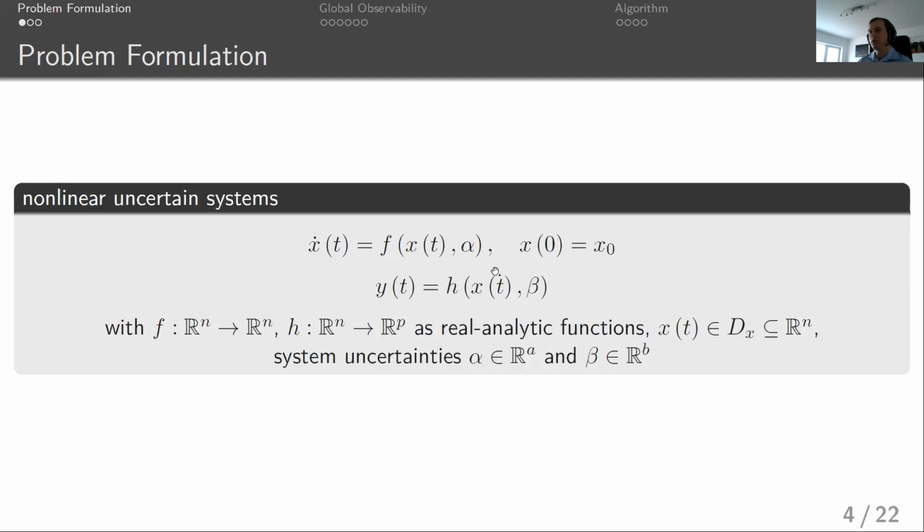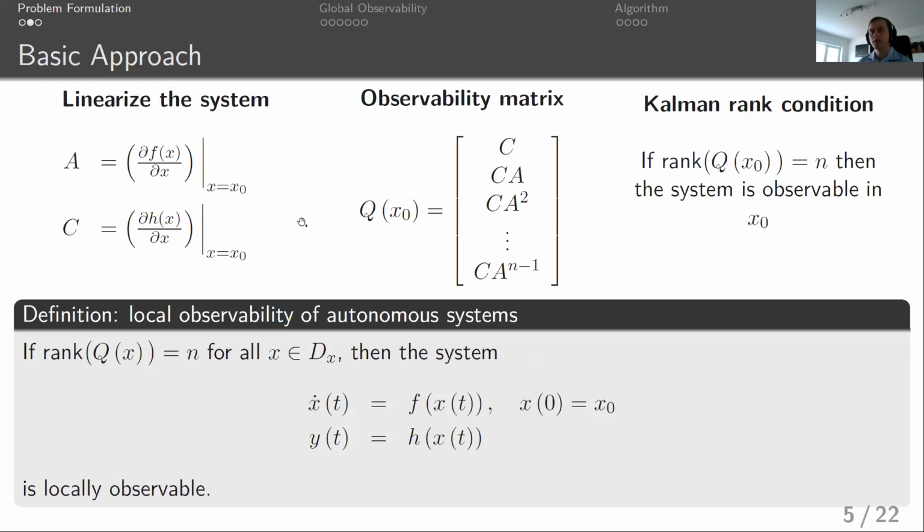So how do we verify the observability for this system? A very basic approach would be to linearize the system at a certain point, construct the observability matrix, and use the Kalman rank condition to verify whether the rank of this observability matrix is equal to the number of states.